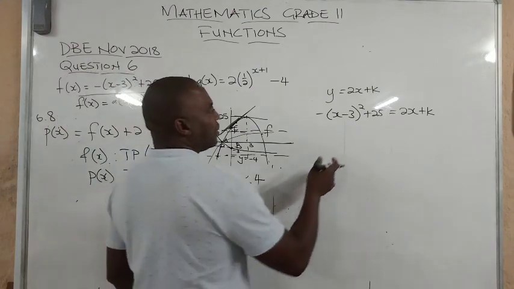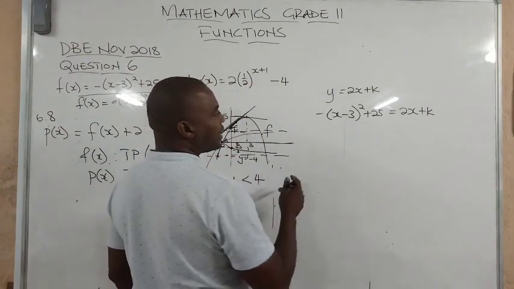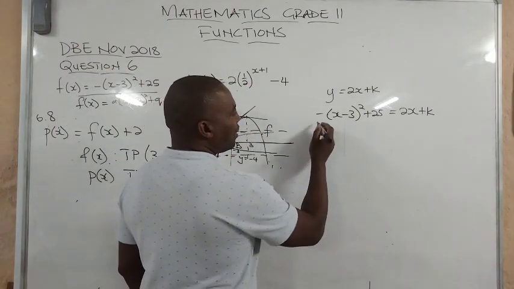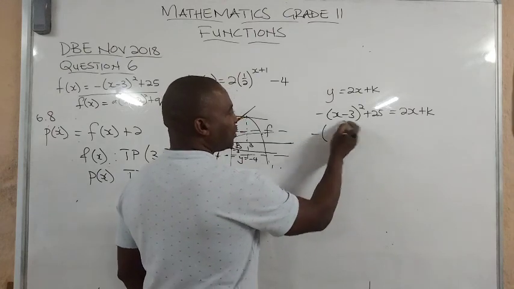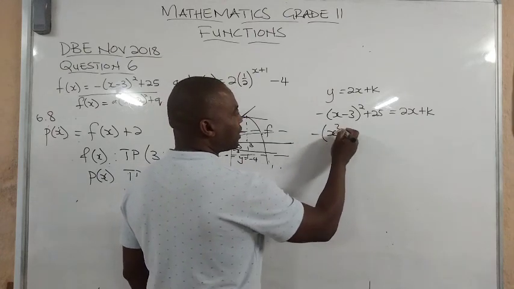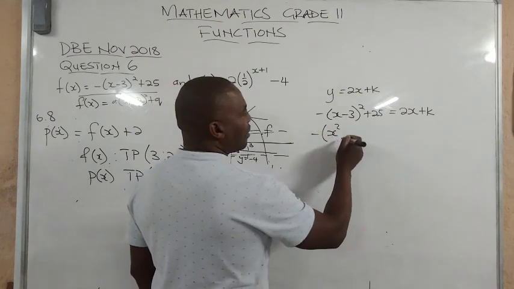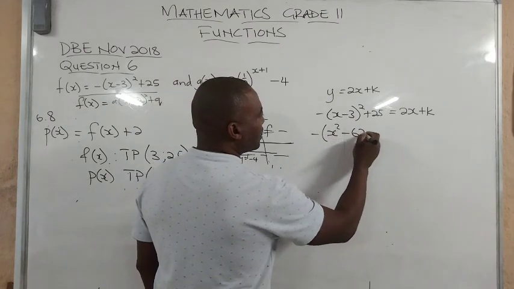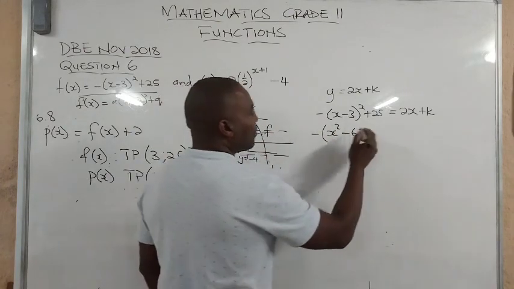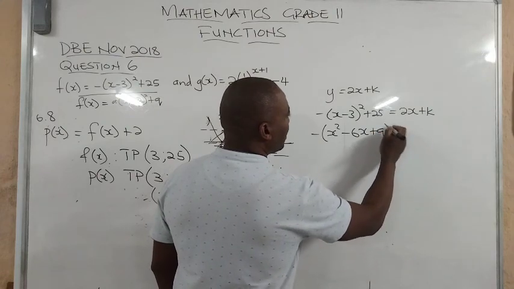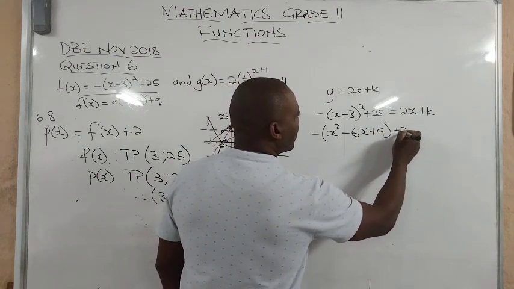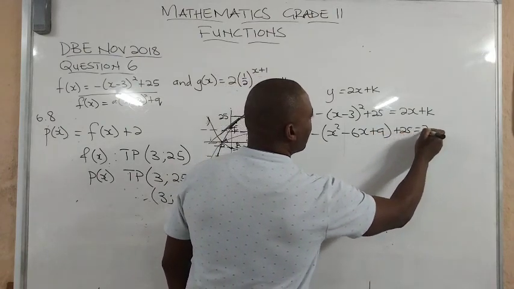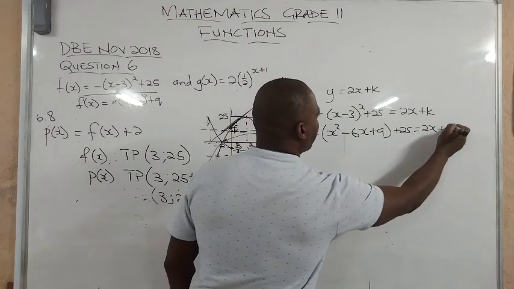Now, let's try to simplify this. Negative into, if we expand the bracket, that's x squared minus 6x plus 9, plus 25 is equal to 2x plus k.